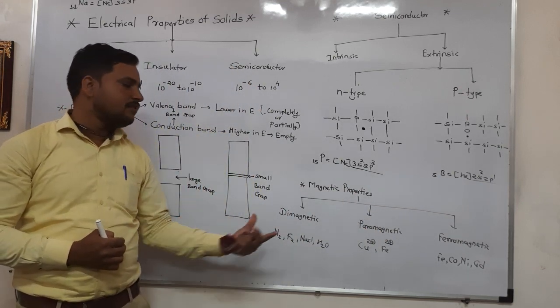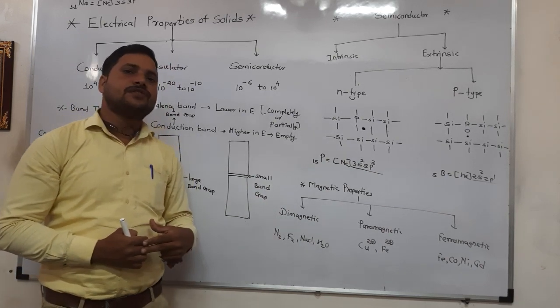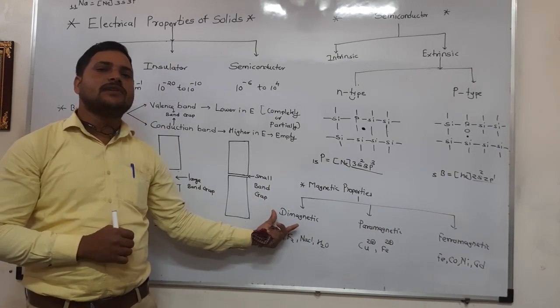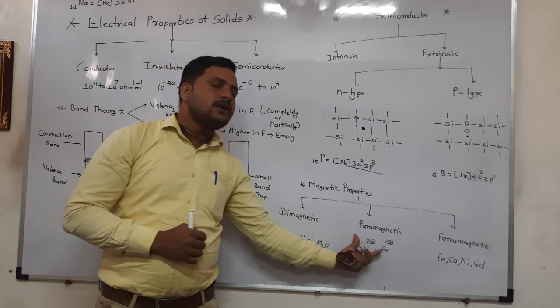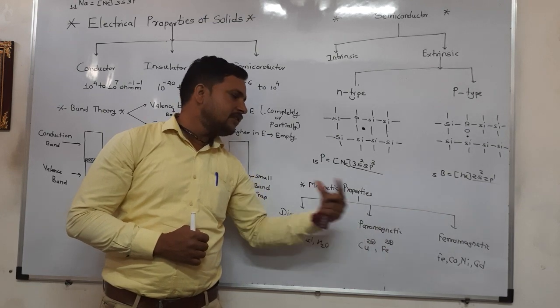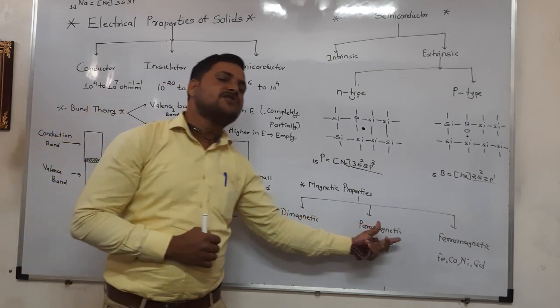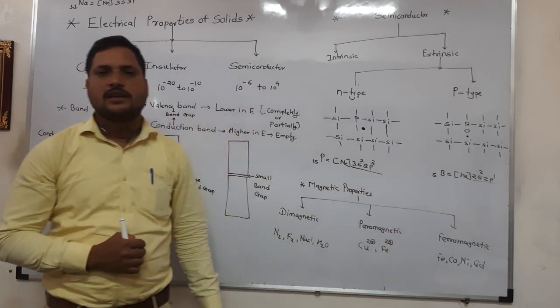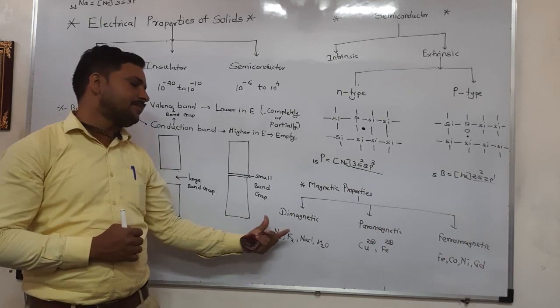In other words, any substance which repels a magnetic field is known as a diamagnetic substance. If a substance is weakly attracted toward a magnetic field, it is a paramagnetic substance. And if a substance is strongly attracted towards a magnetic field, it is a ferromagnetic substance.